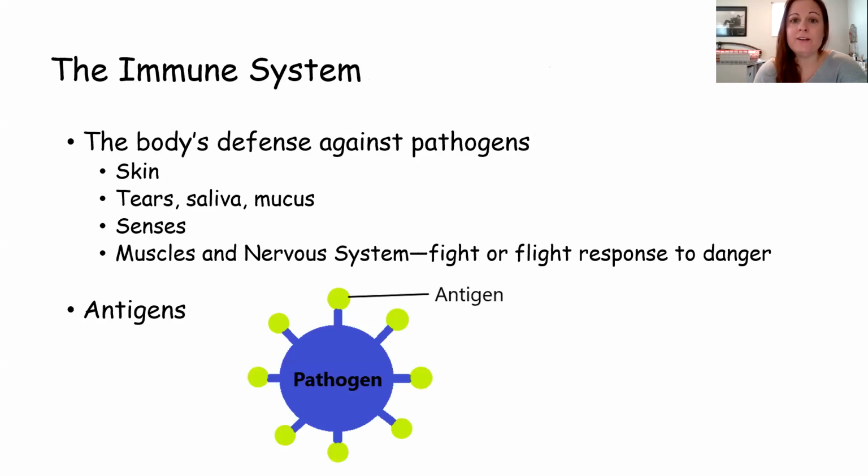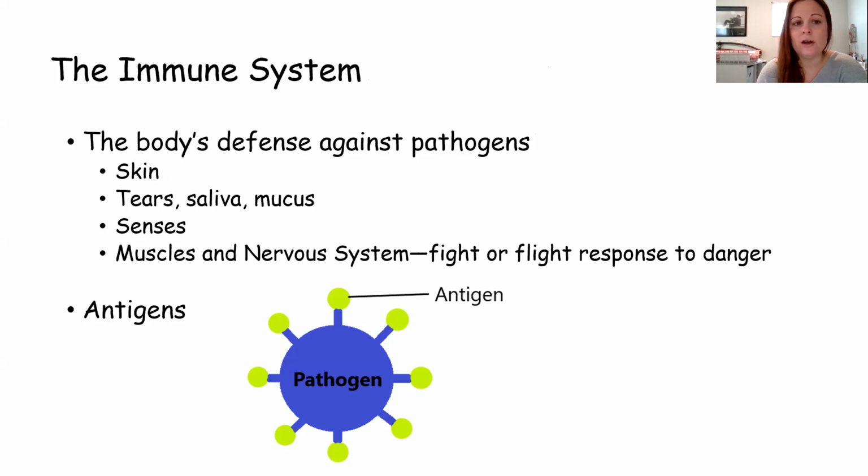So very fitting for the whole reason that we're not in school is to discuss the immune system. The body has its own defenses against pathogens. We consider the skin the first line of defense. If anything is capable of penetrating the skin, your ultimate barrier against pathogens, then you have other backup defenses.